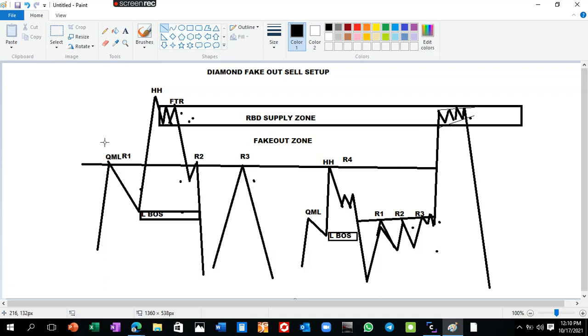Okay, so this is what happens, guys. This is how people get trapped at this level here. It happens because people don't look to the left and find out what was happening previously. People will just say, I want to sell here because it's a QML.